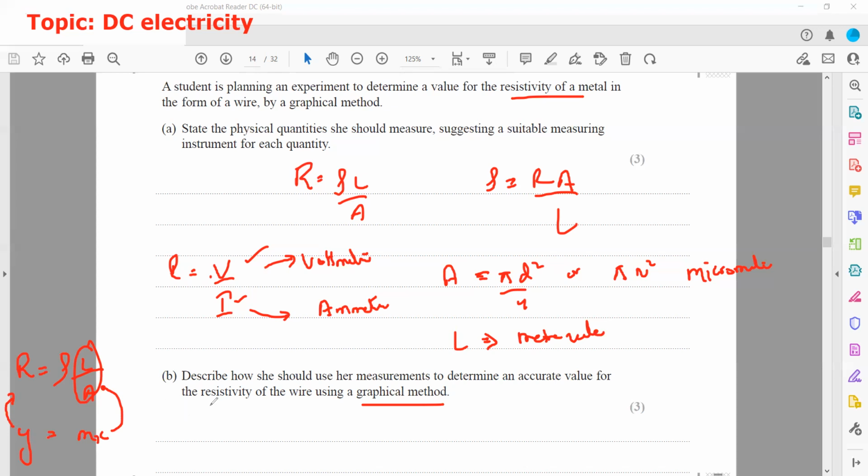The gradient should be equal to the resistivity. So plotting resistance on the y-axis and L over A, length divided by area, on the x-axis, in a graphical method, you plot a graph, and the gradient, the slope of this line, will be equal to the resistivity.